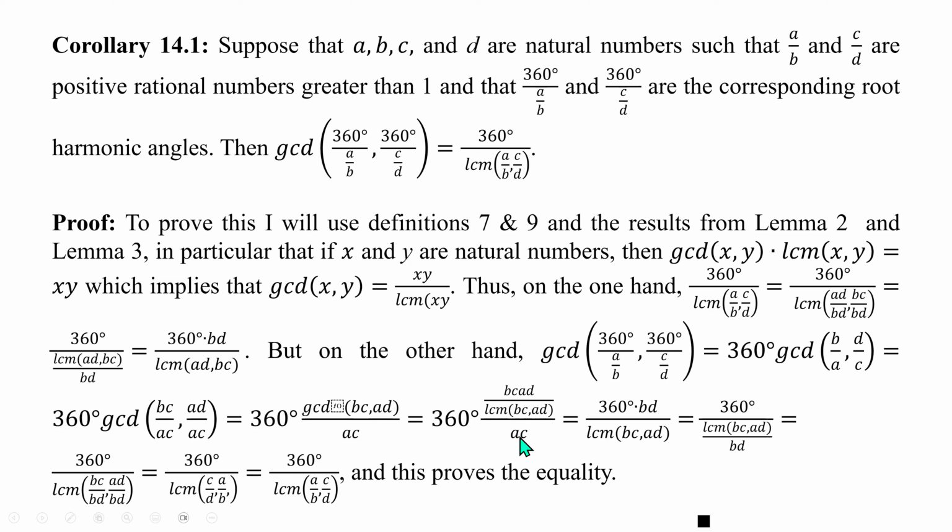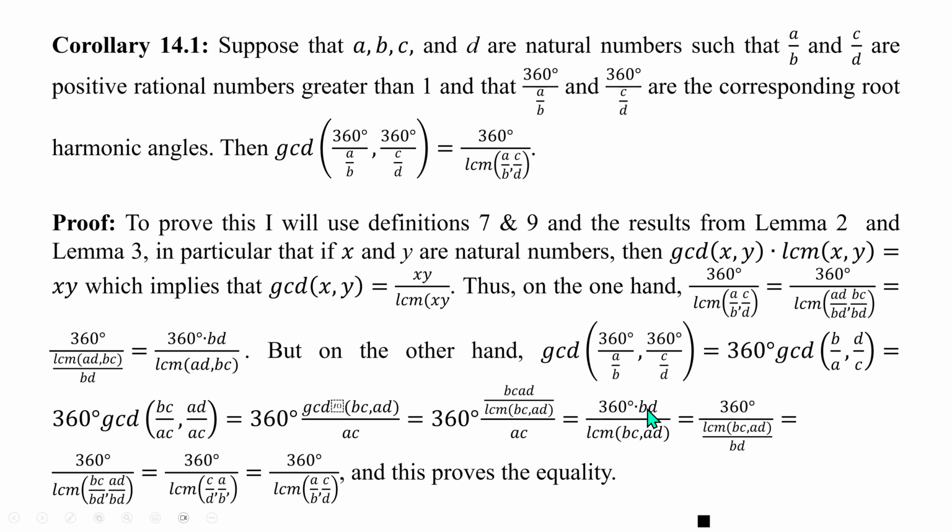And that's all over AC. Okay. Well, let's see. I can cancel out the AC here with the A and the C in this numerator. Rewrite this as 360 degrees times B times D over the least common multiple of BC and AD.